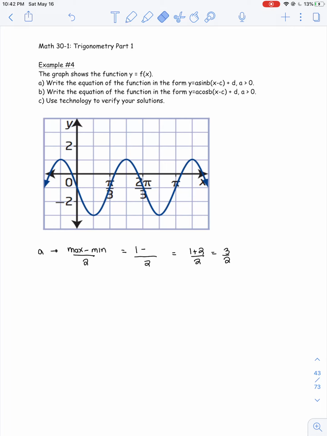The minimum should actually be -3. I was just looking at it. So our minimum is -3 if you look at it right there. So that'll be 1 plus 3, which is 4 divided by 2. That makes it a nicer number, which is good. So that will be 2. So our amplitude is 2.